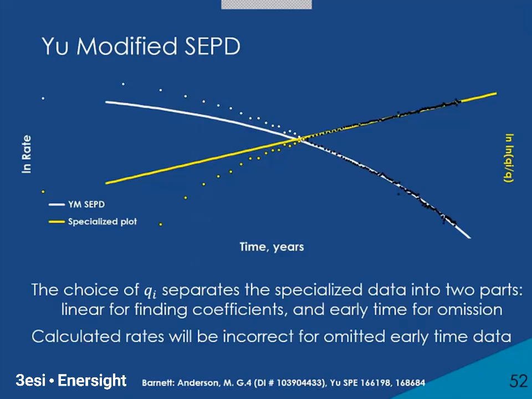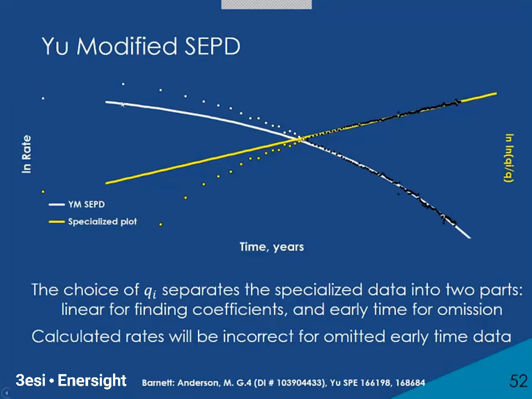So in yellow, I'm plotting his specialized plot. So remember, the data has an asymptote, and the initial rate can't go any higher than that initial rate that you specify. And so by saying the initial rate is the maximum I've observed in time, it means that this graph has to curve over to that asymptote.